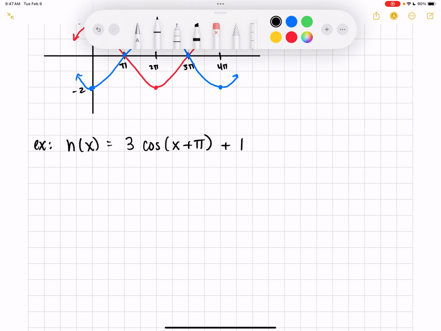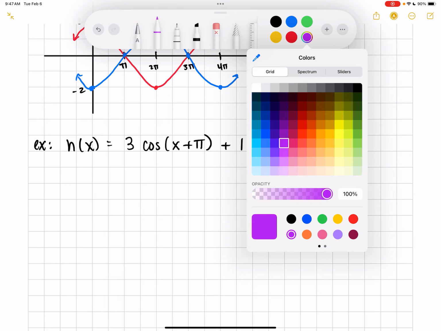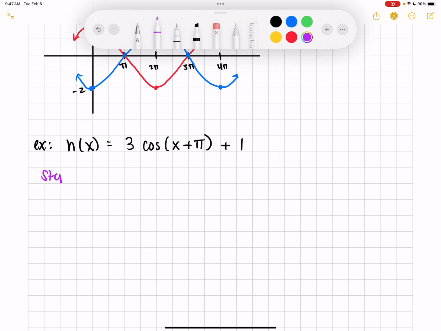All right, so what is my amplitude? Amplitude is 3. Period is what? 2 pi, because it'd be 2 pi over 1, which is just 2 pi.